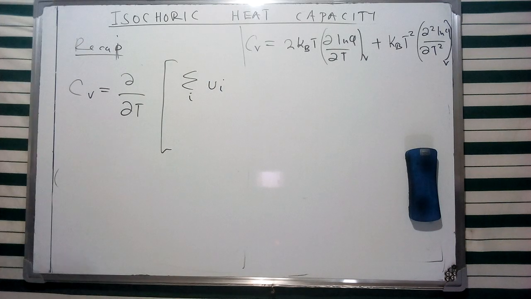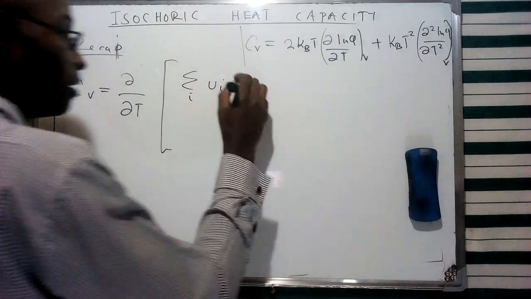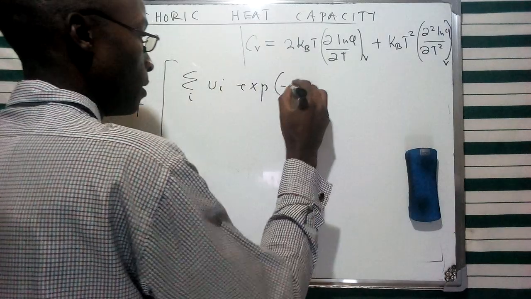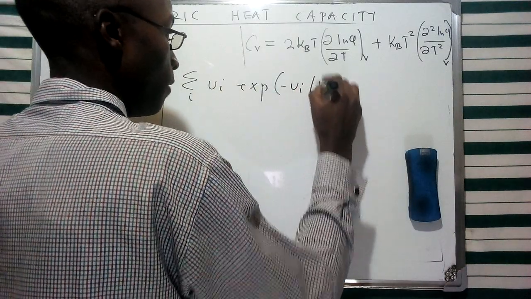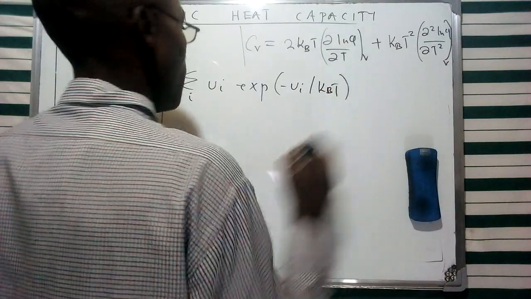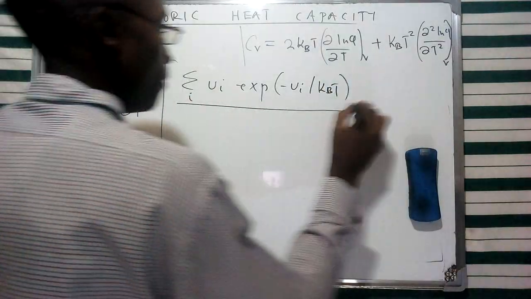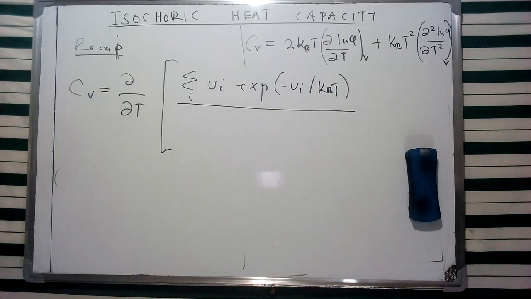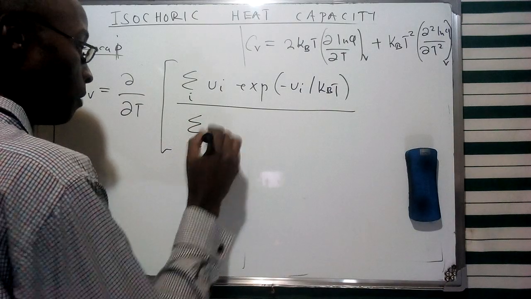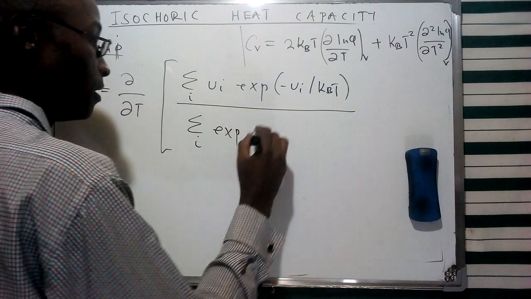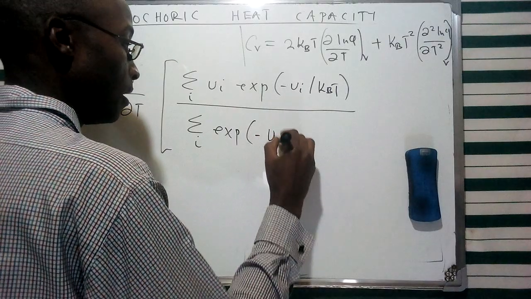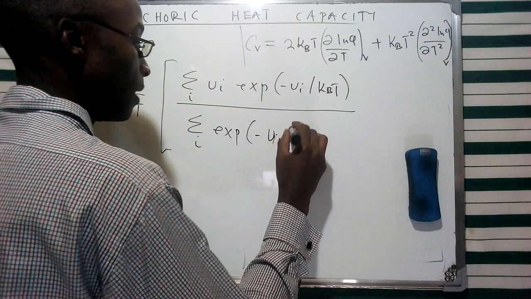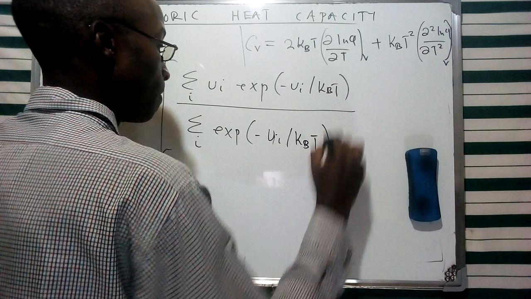We're going to consider that one given in terms of an exponent of negative U_i over k_B T, and then this is going to be over the summation over i of the exponent of negative U_i over k_B T, given as such.